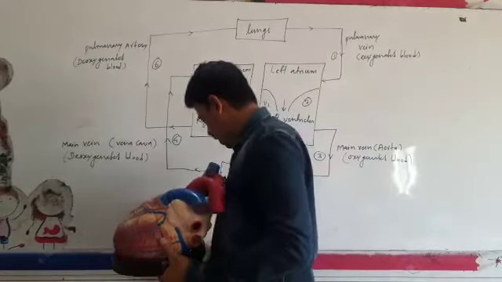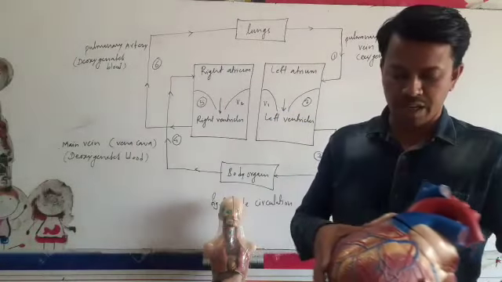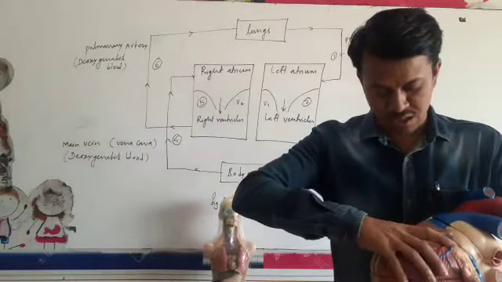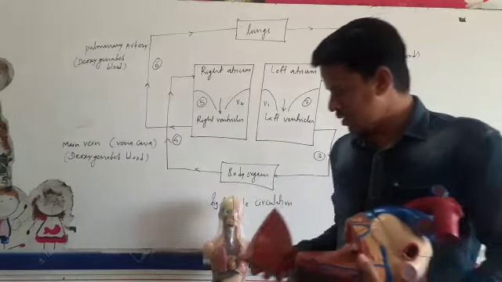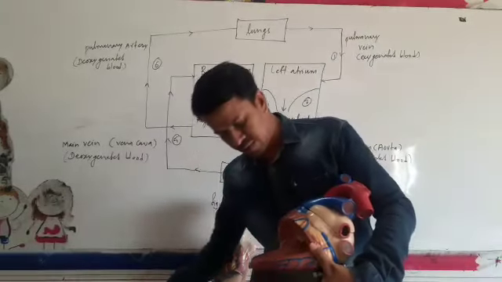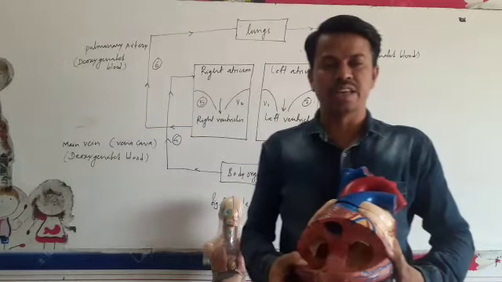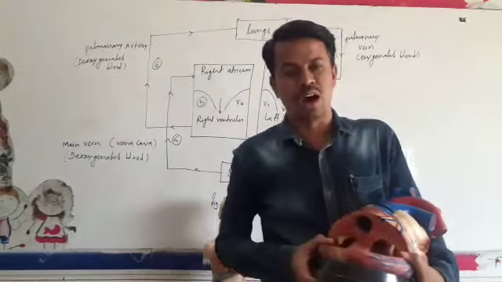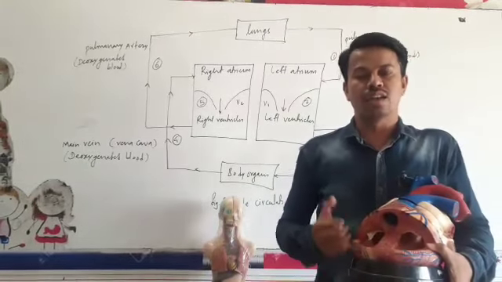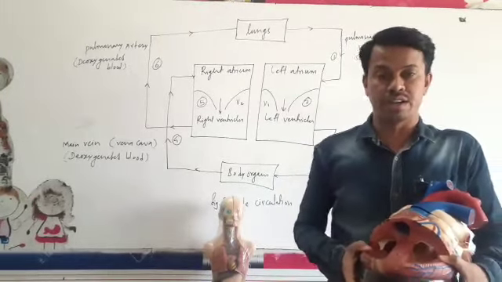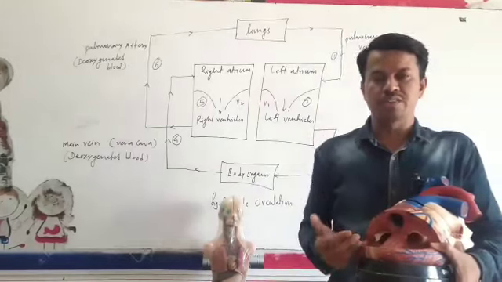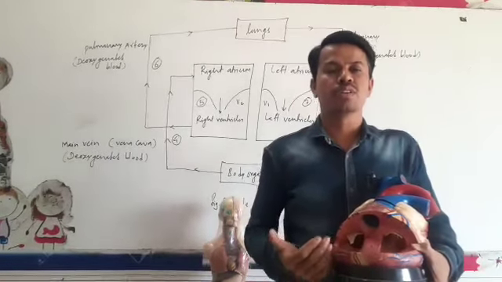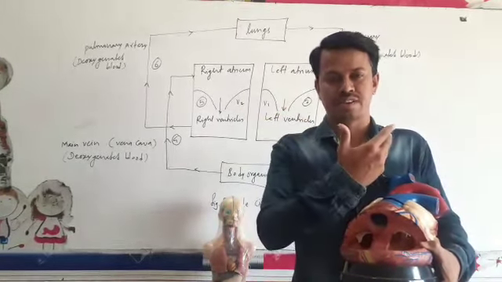Now see here, mainly our heart has two main chambers, that is, an upper part and a lower part. The upper part we call the auricles or atriums, and the lower part is called the ventricles. These two main sections are also divided into left and right sections.